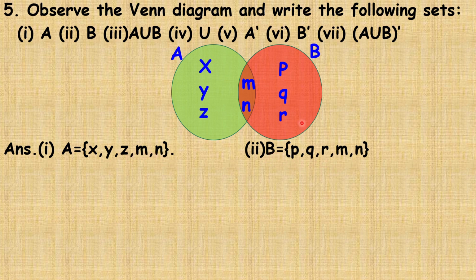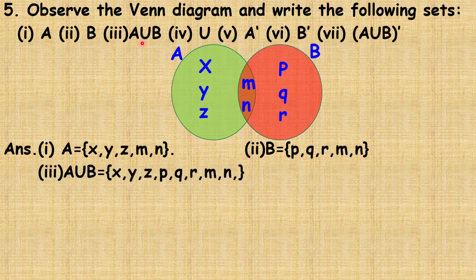Set B has the elements P, Q, R, M, N. Third question, A union B. A union B means the elements of set A and set B together.